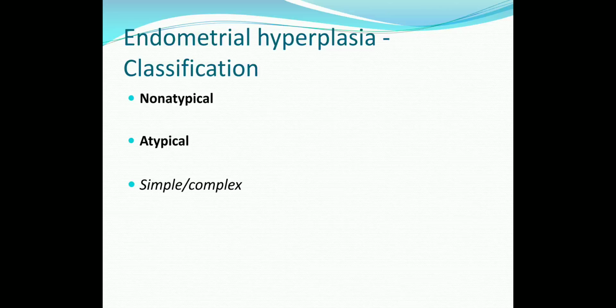In the older classification, you have simple hyperplasia without atypia, simple hyperplasia with atypia, and under complex, again complex hyperplasia without atypia and complex hyperplasia with atypia. Based on different consensus, they have removed the simple and complex terms and simplified this classification into atypical and non-atypical hyperplasia.